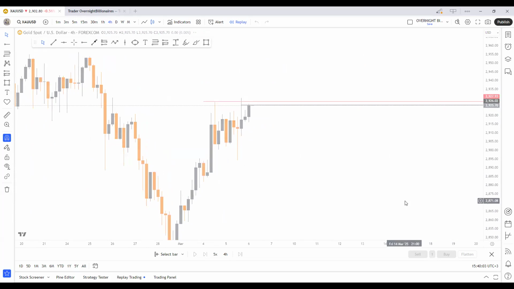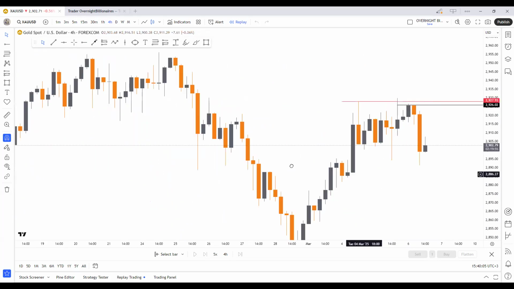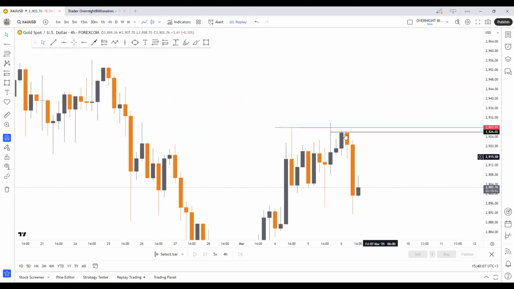Let us wait. You see, price came here, tapped, then dropped to the downside. And that's how you should consider the candle failure or the swing point failure or the momentum failure. But the momentum failure must be inside the area of liquidity. Any area of liquidity, authenticated or non-authenticated, it will be okay.